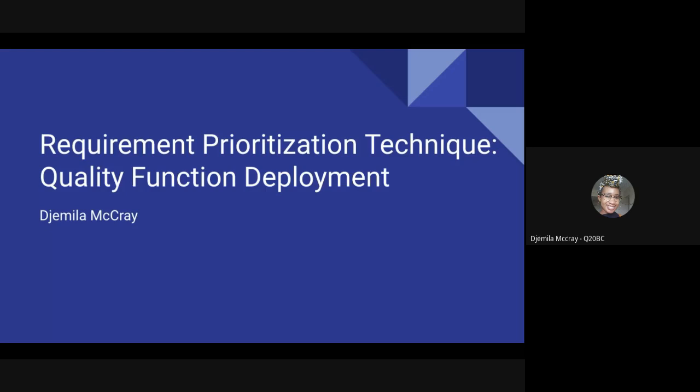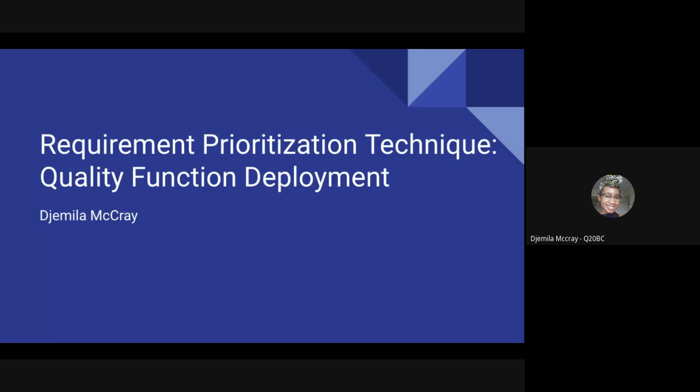quality function deployment, which I will be abbreviating to QFD for short. So basically what QFD is, it's also referred to as the matrix product planning approach. And in this type of prioritization technique, you'd be generating a list of customer points or hearing the voice of the customer to identify what are their needs and what are their expectations.